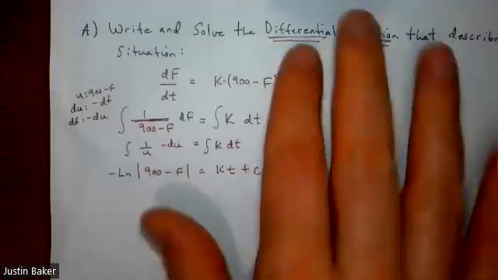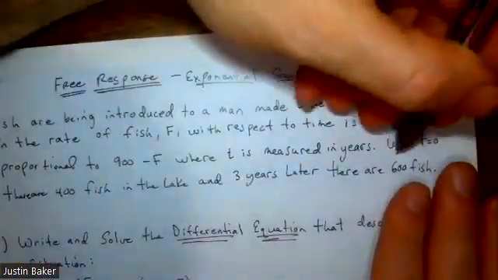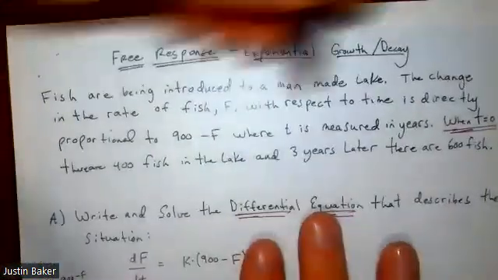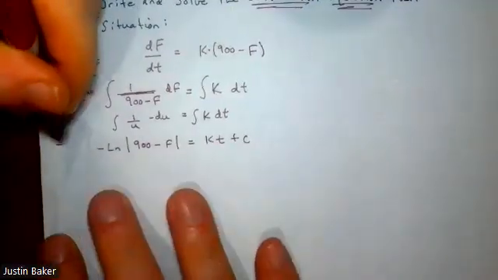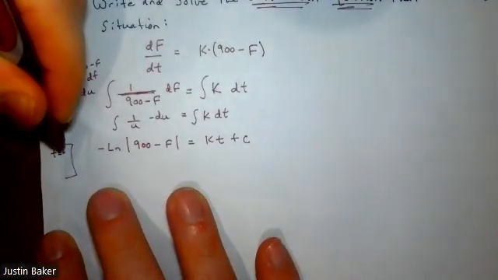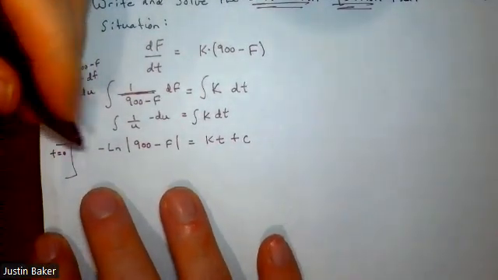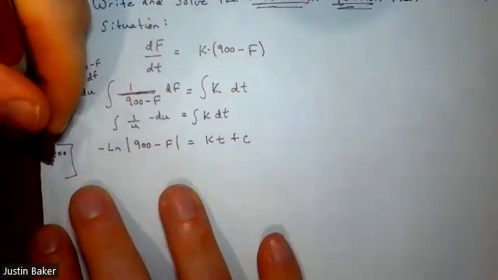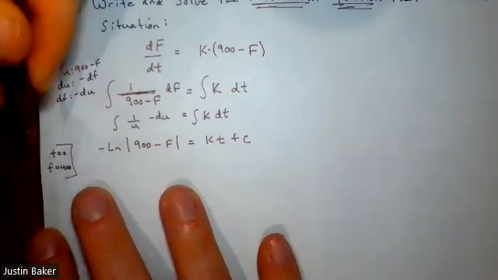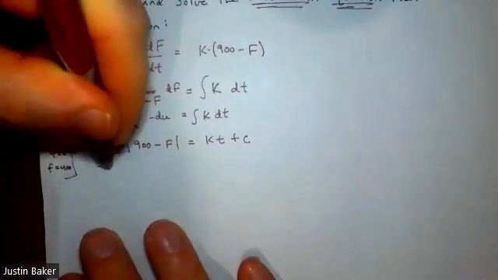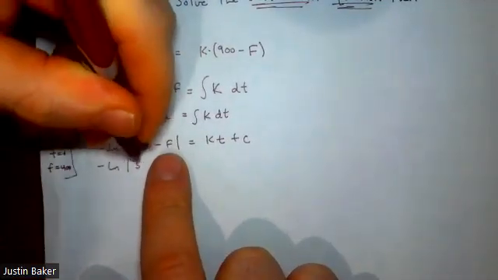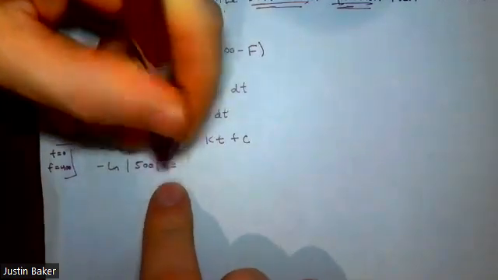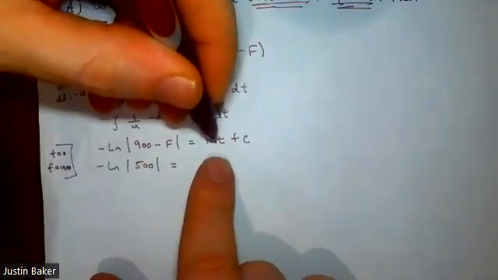All right, so up above, our first piece of information is when t equals 0, there are 400 fish in the lake. So we're going to use that piece of information next. When t equals 0, there are 400 fish in the lake. So let's plug that in. Negative natural log. If I put a 400 in there, that's going to make this 500 is equal to, and this is when t is equal to 0.